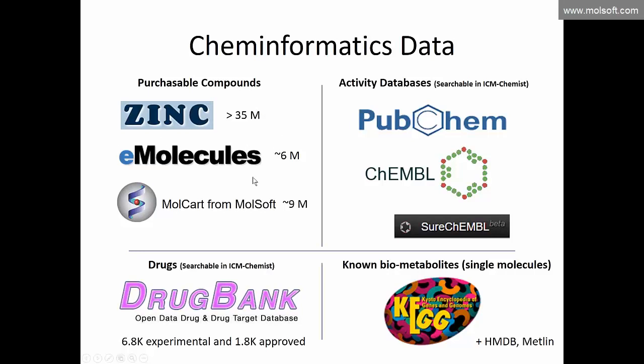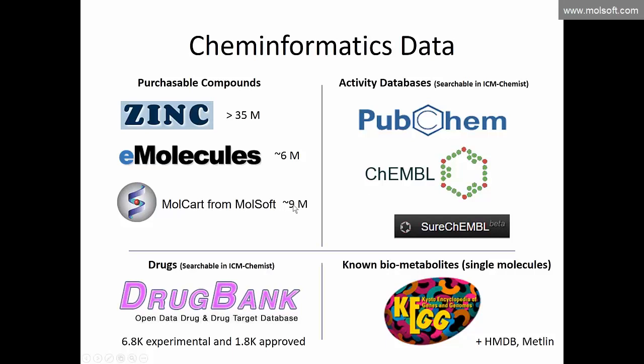Another example is the eMolecules database, which is a diverse set of chemicals which you could use, and you can then purchase them directly from eMolecules. And also, we keep a database called Molcart, which we compile from around 35 different chemical vendors such as ChemDiv and Cambridge, and we compile their latest collection of purchasable chemicals into one file, and you can use that if you need it.